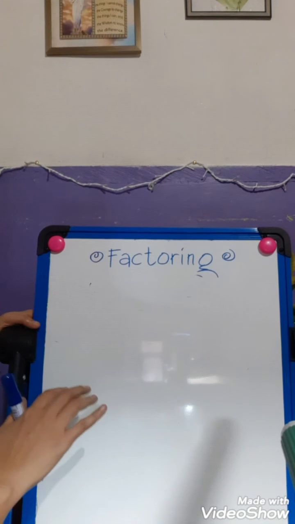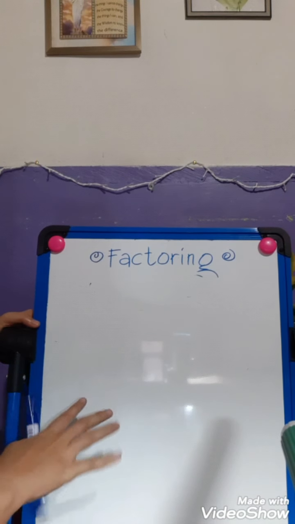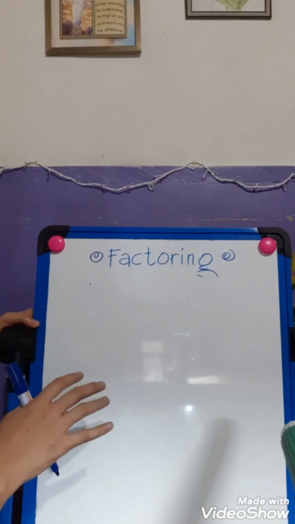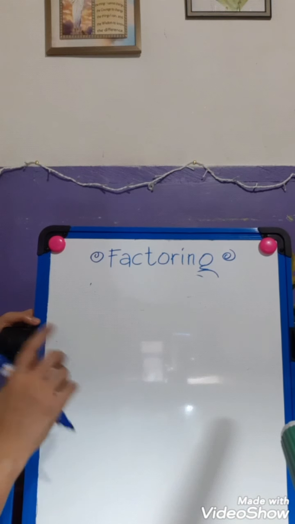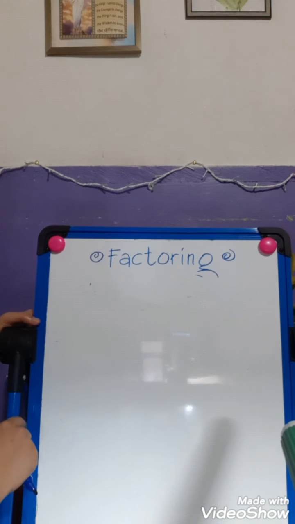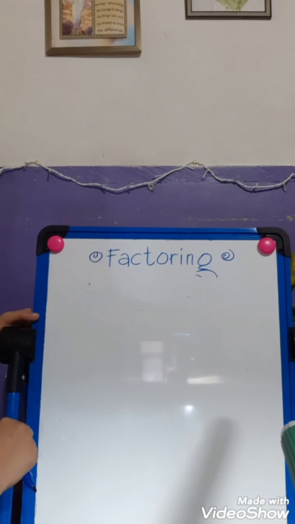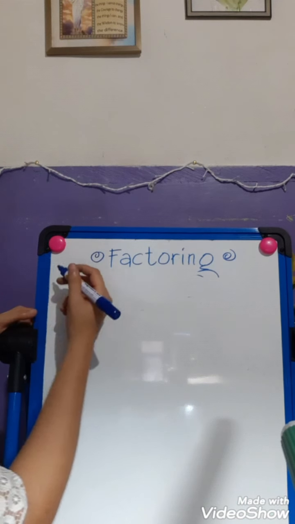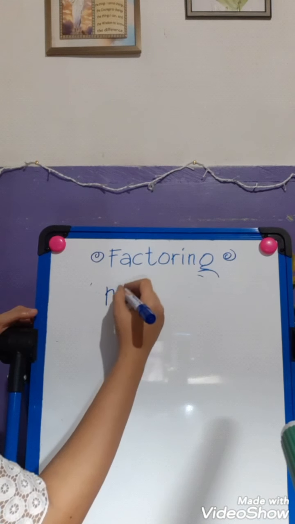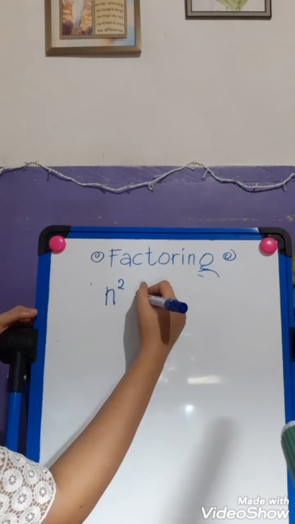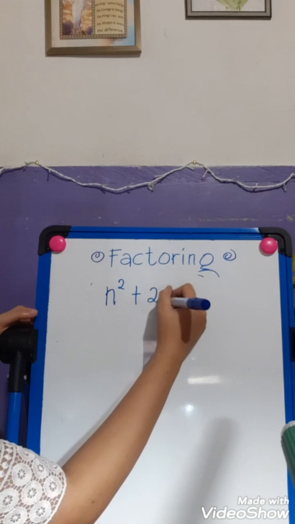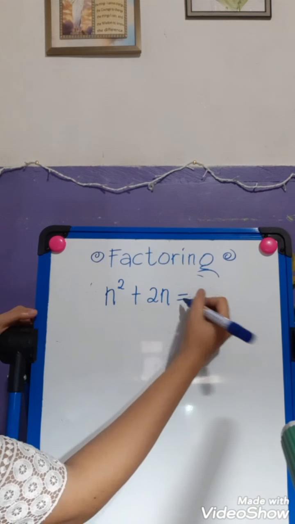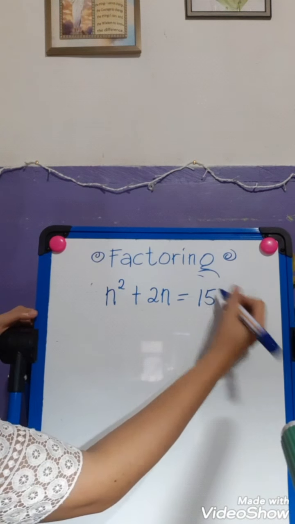So now I will give you class an example of a quadratic function or equation rather that is not written in standard form, and what is the first thing that you should do about it before you can start factoring. So we have n squared plus 2n equals 15.